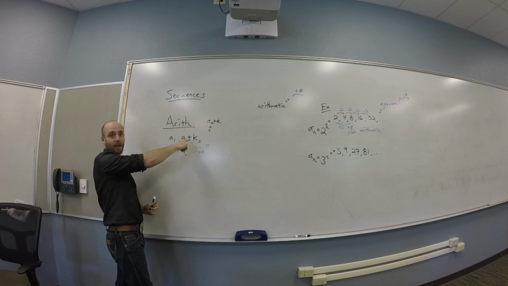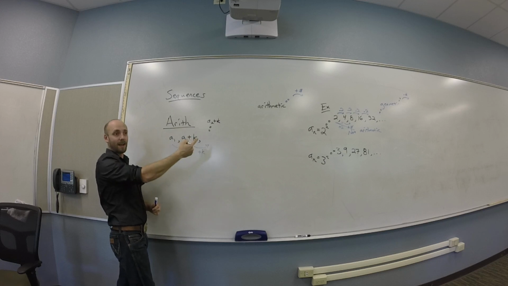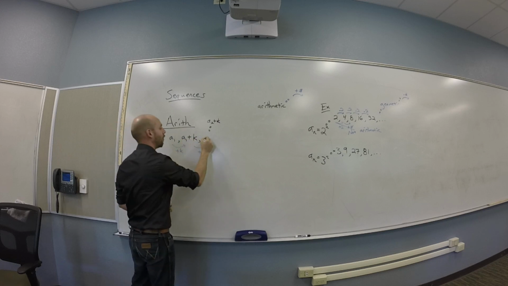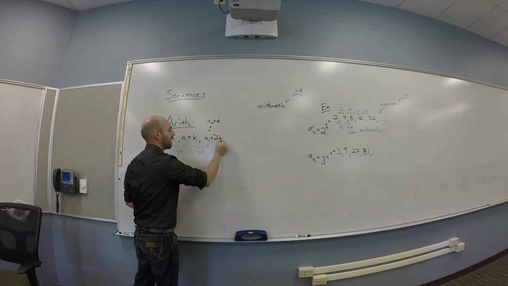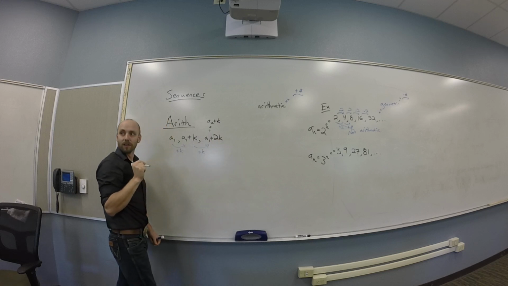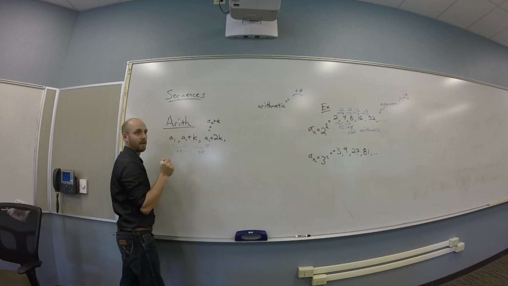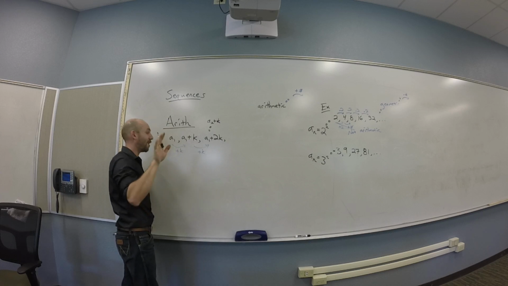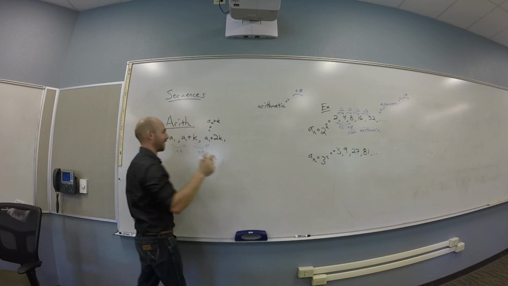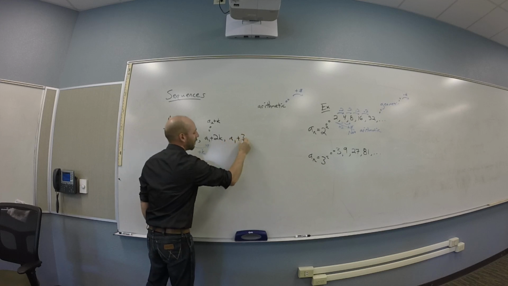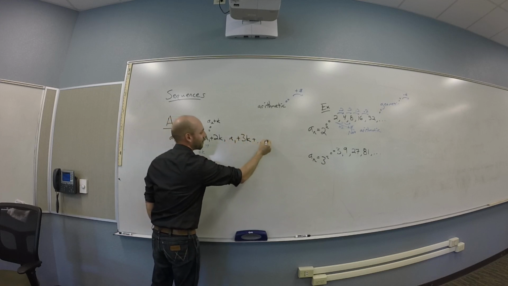A2 is A1 plus k. So if I add k to A1 again, I get A1 plus twice k. You guys see that? What's the next one going to be? A1 plus 3k. Okay, so the next one's A1 plus 3k and so forth, right?